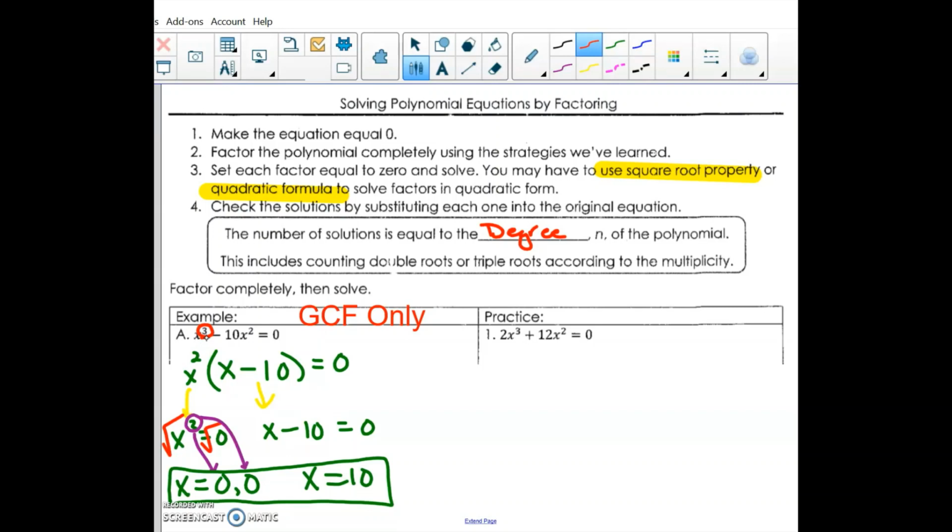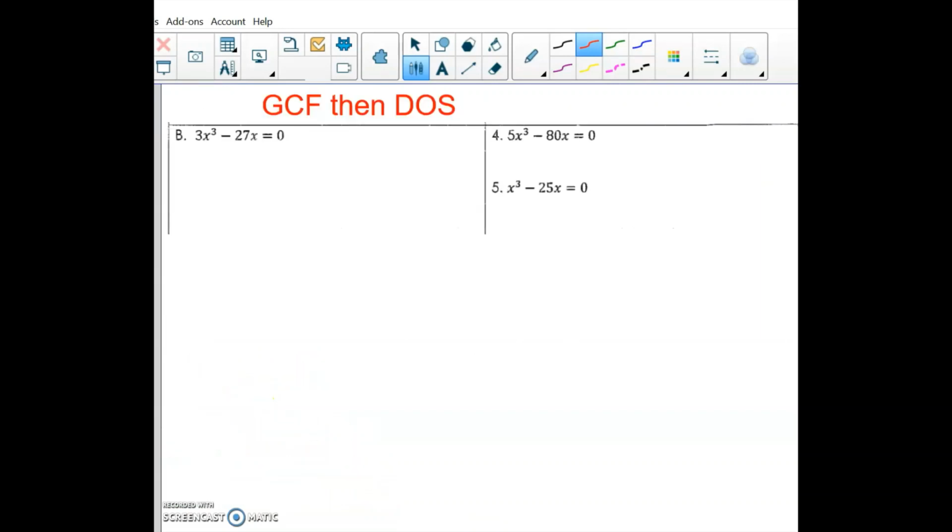The next example is a GCF followed by a difference of squares. The GCF then DOS tells us that this is an example that's got multiple layers of factoring. This GCF is 3x followed by x squared minus 9, keep it equal to 0.